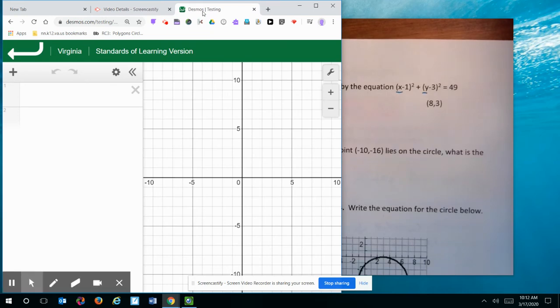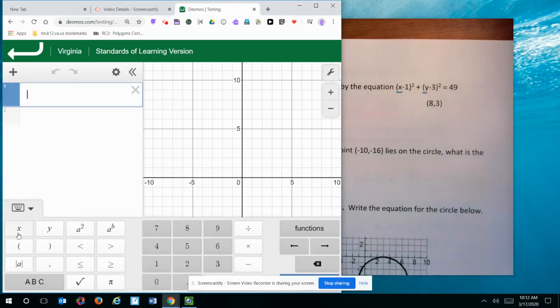Oops, this is what happens when I let Miss Wagner use technology. I'm going to show you how to plug in the equation of the circle. And to do that, you can use the keypad they have here or your normal keypad.